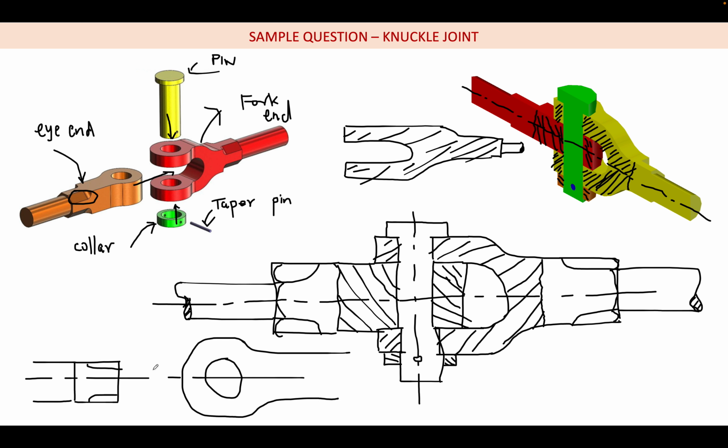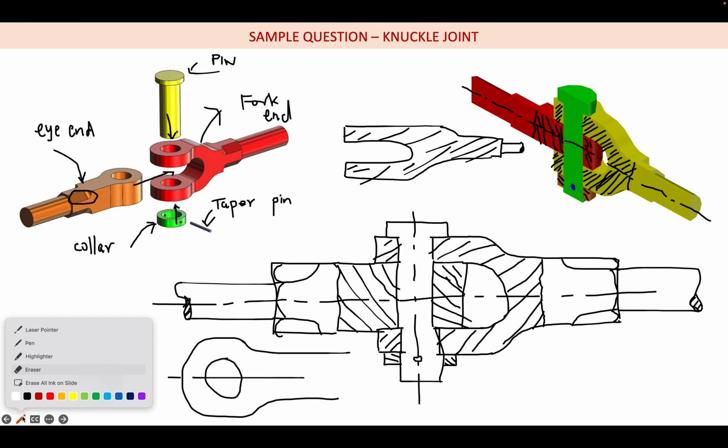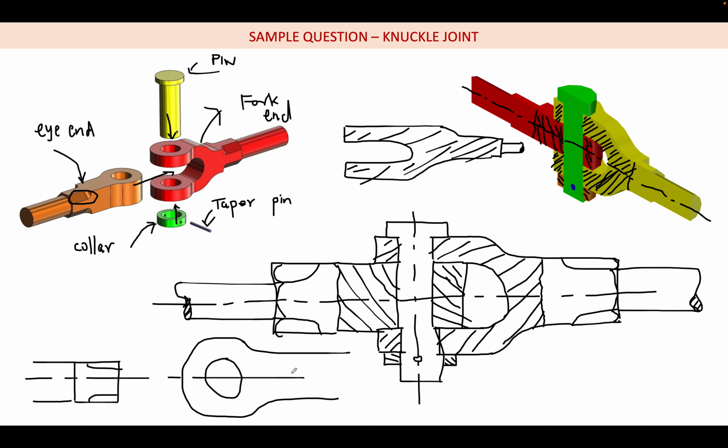Here you can again repeat this square part, this octagon part, and the shaft part. So like this. Sorry, this line won't come. Just for the square part I drew the line, but the line will not come in real time.